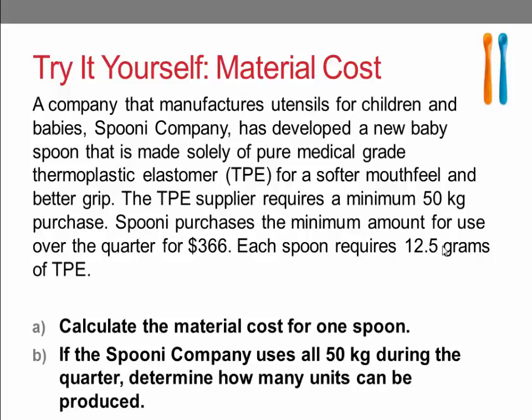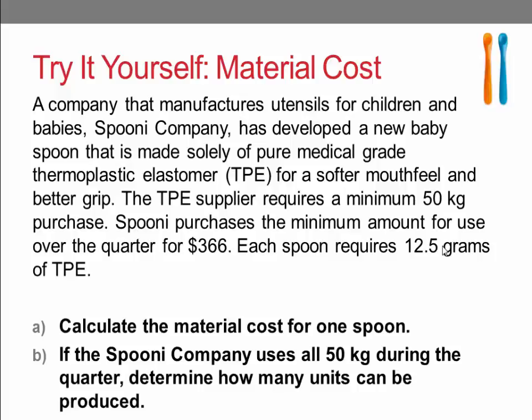The TPE supplier requires a minimum of 50 kilograms in a purchase, and Spoonie purchases that minimum amount for use over the quarter for $366. So that's 50 kilograms for $366. Each spoon requires 12.5 grams of TPE.